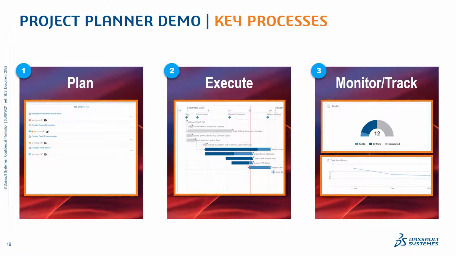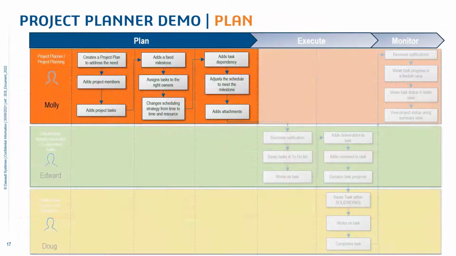I break down the main project planner capabilities into 3 key processes. Things you do to plan the project, things you do to execute your plan, and then the monitoring of the project to make sure that everything is on track. So let's start with planning. We will look at how to create a new project plan. How do we add new members to the project?